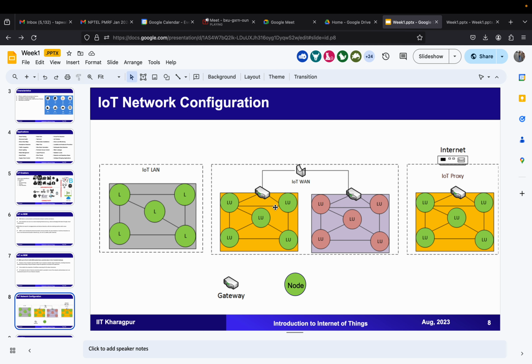Here there is one IoT LAN network, and this is the second IoT LAN network. These two networks are interconnected and communicate with each other with the help of a gateway device, and this complete network forms the IoT WAN. Now third one is IoT proxy. In the case of IoT proxy, this IoT LAN network can interact with the outside network with the help of a proxy device. That is the gateway here.